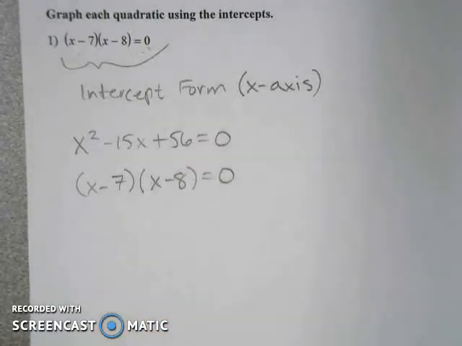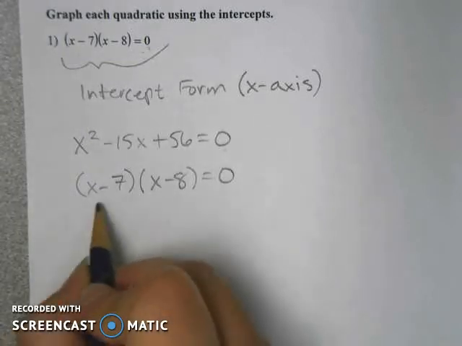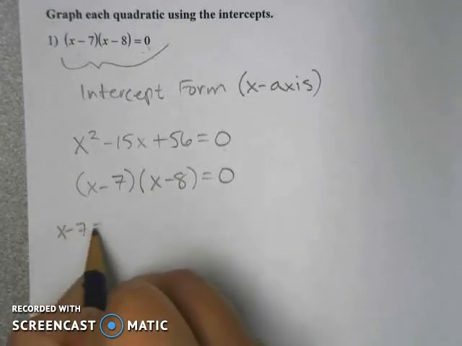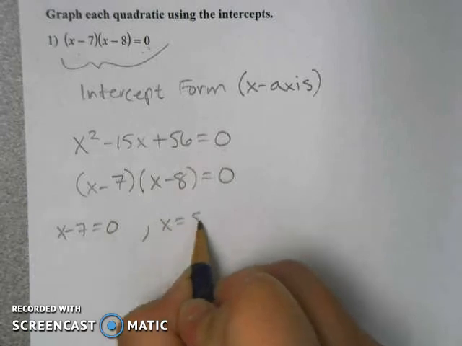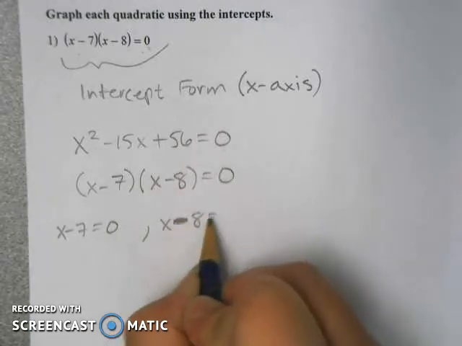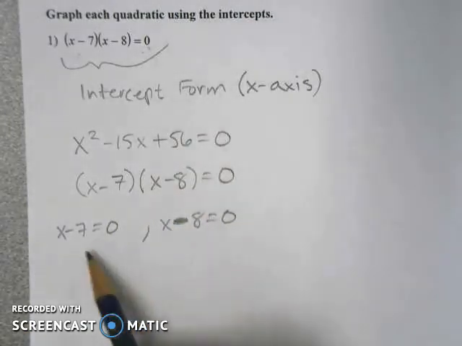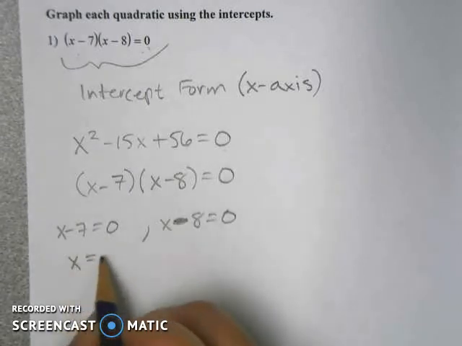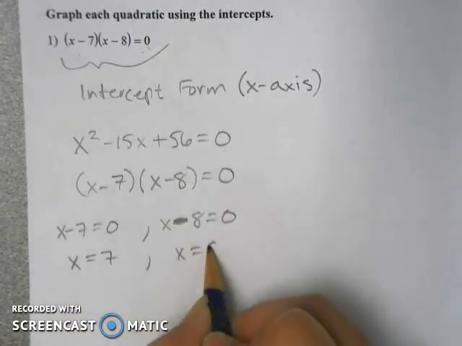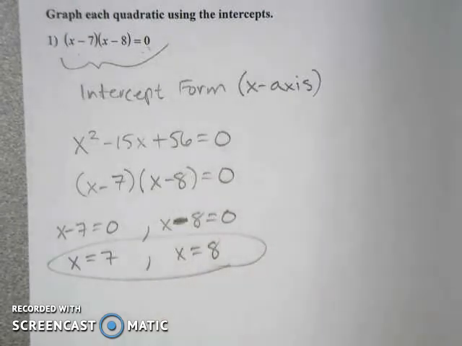So x minus 7 equals 0 and x minus 8 equals 0. And if that's true, that means that x is 7 and x is 8. Those are the two places on the graph where our quadratic is going to pass through the x-axis.